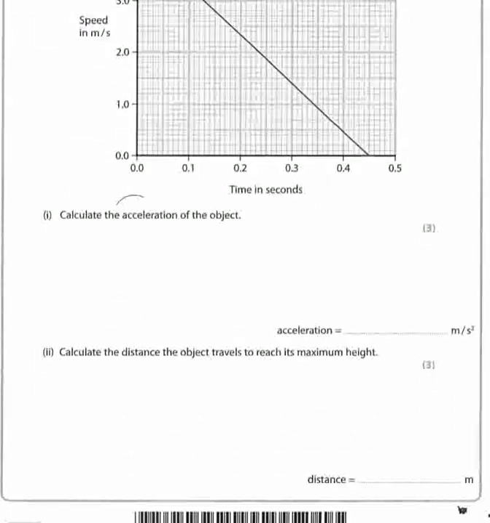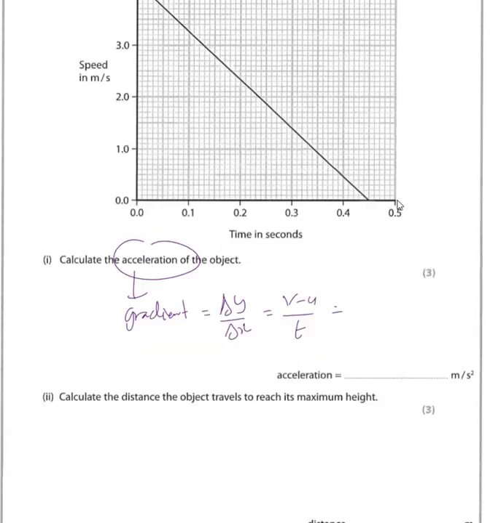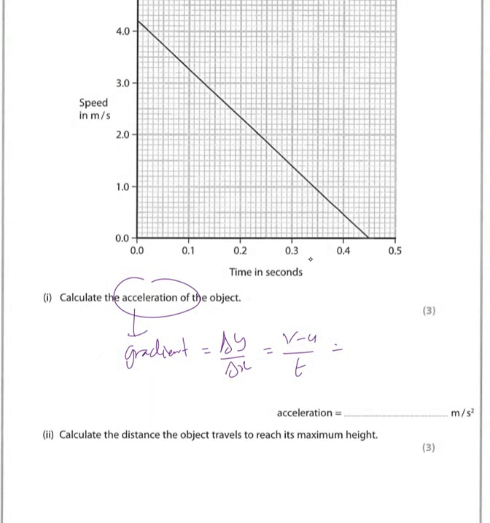This one should be straightforward. How can we calculate the acceleration? It is the gradient. Gradient is change in y over change in x. So which is final velocity take away initial velocity over time. Now where do we start? We start at this point. We go all the way to this point here. This is 0. So this here is my change in y, and this here is my change in x.